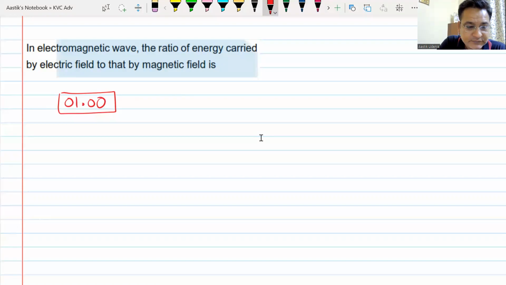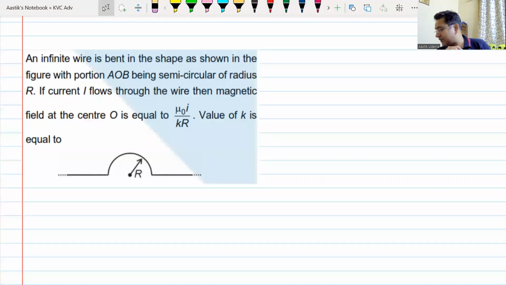This is the next one, and the answer to this one is... theta here is 190 by pi.